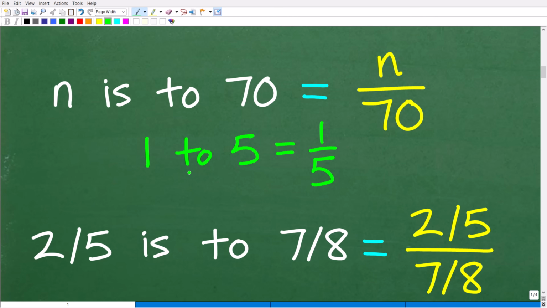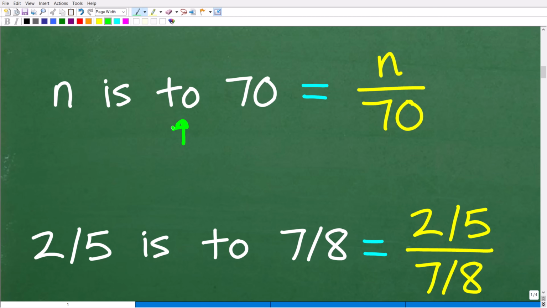There is another notation that you need to be familiar with, and that is a colon. So 1 is to 5 or 1:5. These are different ways we can write a ratio, and of course we can write it as a fraction, 1 over 5. Okay, now that's a basic example here, but what we need to do is translate this situation.